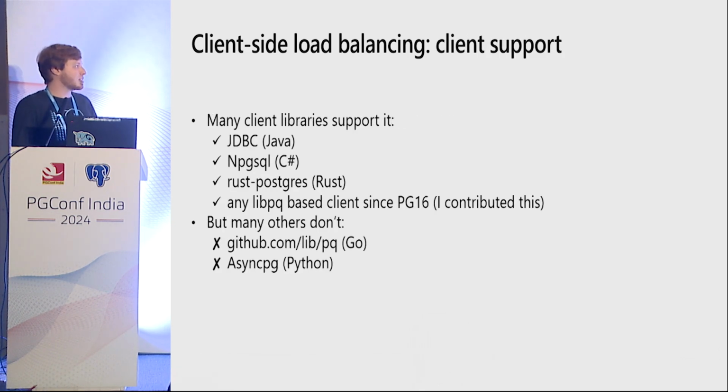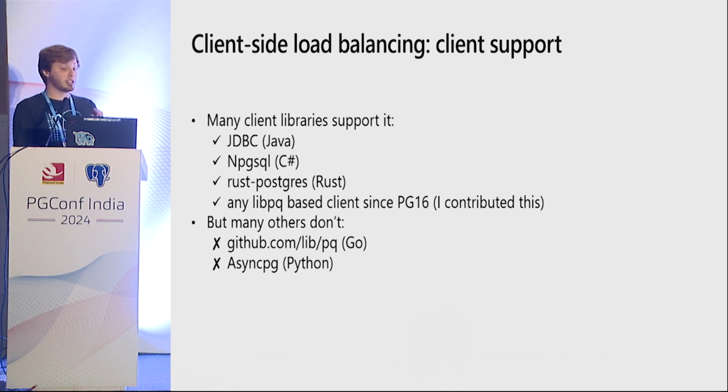Many clients have this logic, like Java, C# and Rust, and since a short time ago, in PG16, even libpq clients, which are the vast bulk of all the clients, like Python and Ruby. Most clients are based on libpq because that's the C library that Postgres provides. I contributed that in Postgres 16, so now libpq-based clients can also do this load balancing, but there are still many that don't.